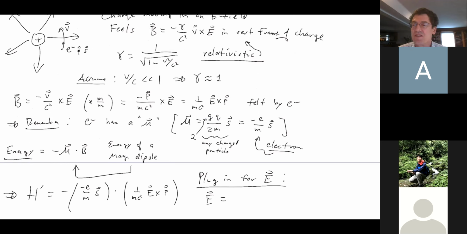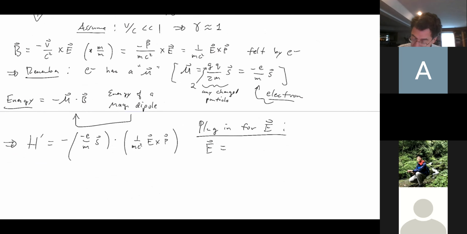What is the expression for E? Well, maybe I'll make the question simpler. What's creating the electric field that the electron experiences? The proton. Yeah, exactly.